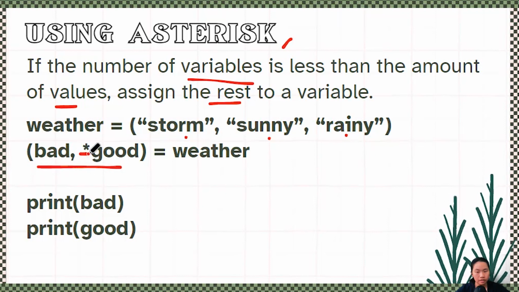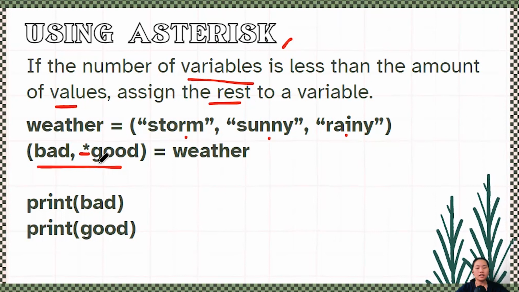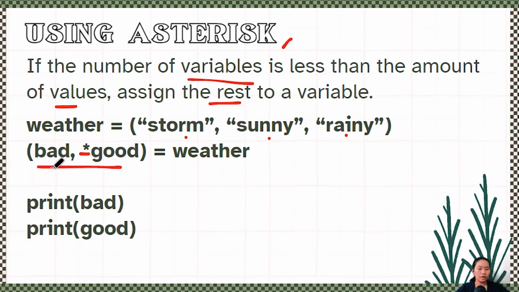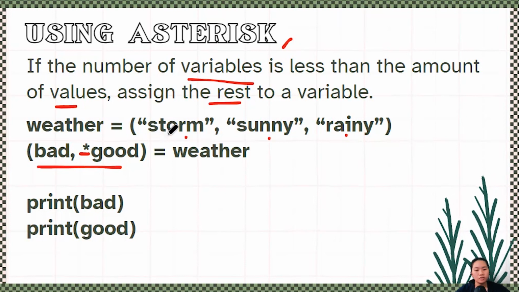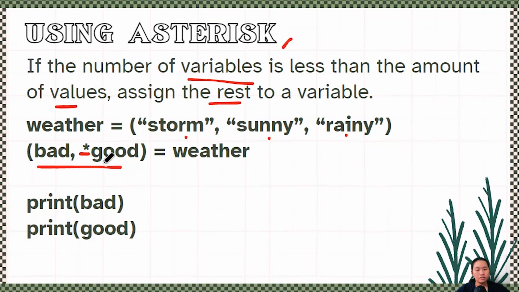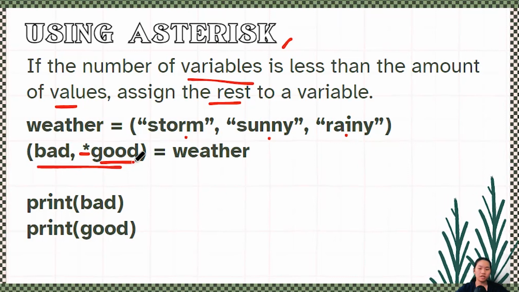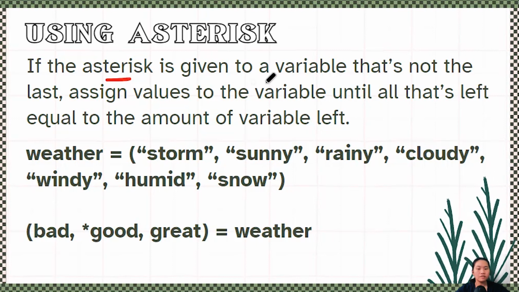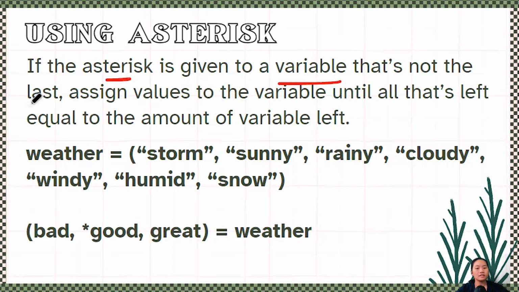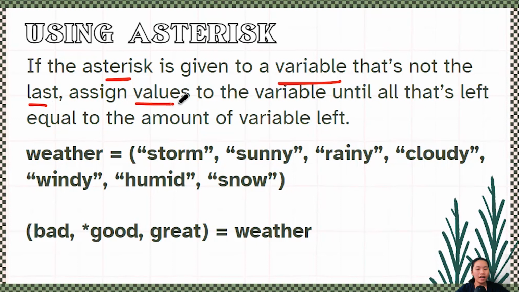The asterisk is here to tell Python that, okay, you have the first variable, just assign one value to it. Storm is bad. And put the rest into good. Okay? That's simply it.